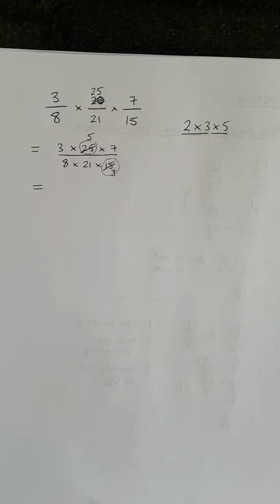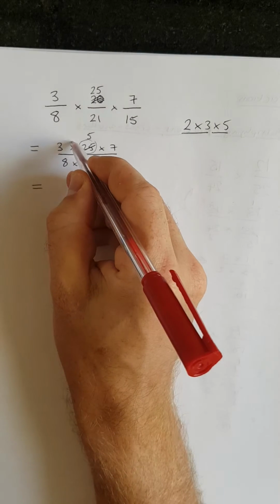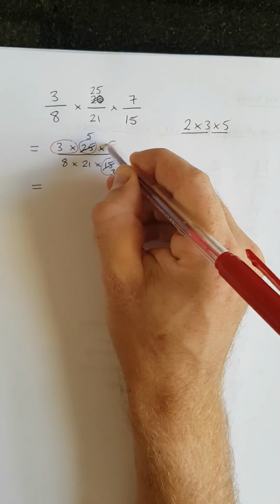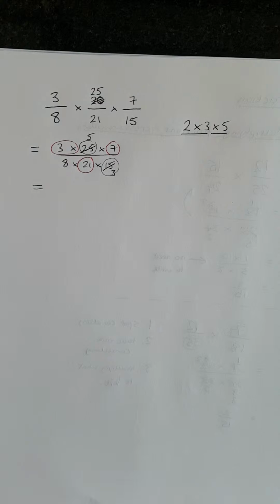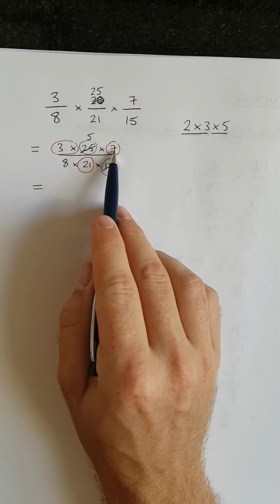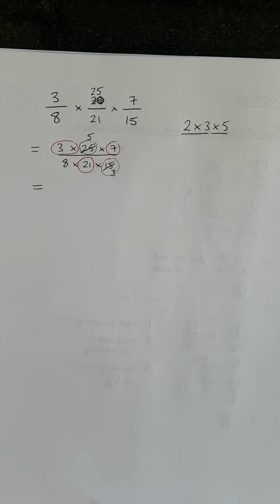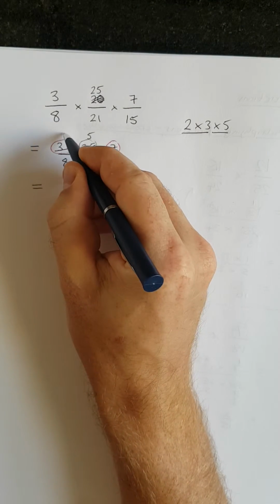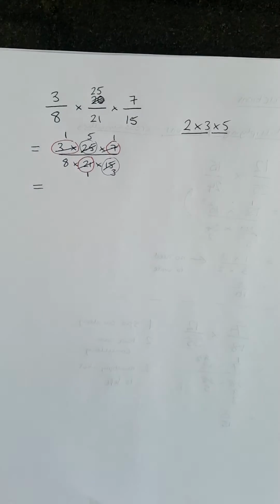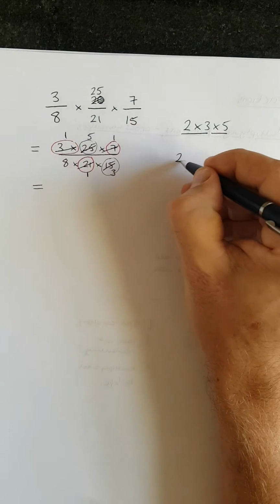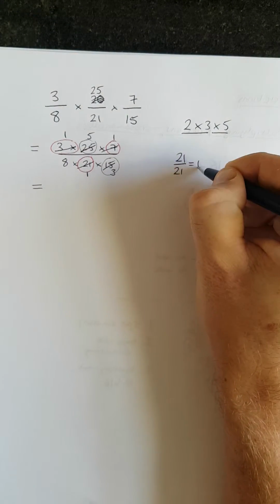There's a clever cancelling here that I'm going to show you. Three times 7. That's 21. That's 21. So they cancel to 1, because 21 over 21 is 1.